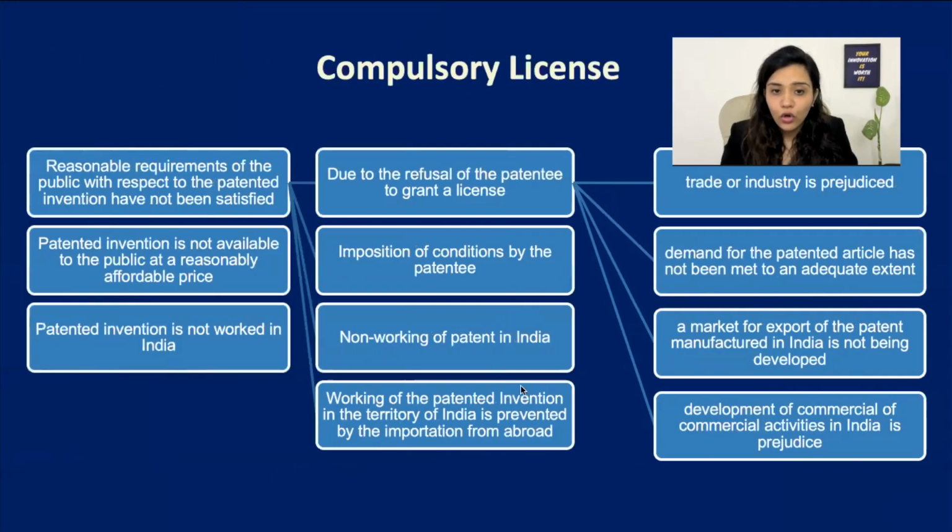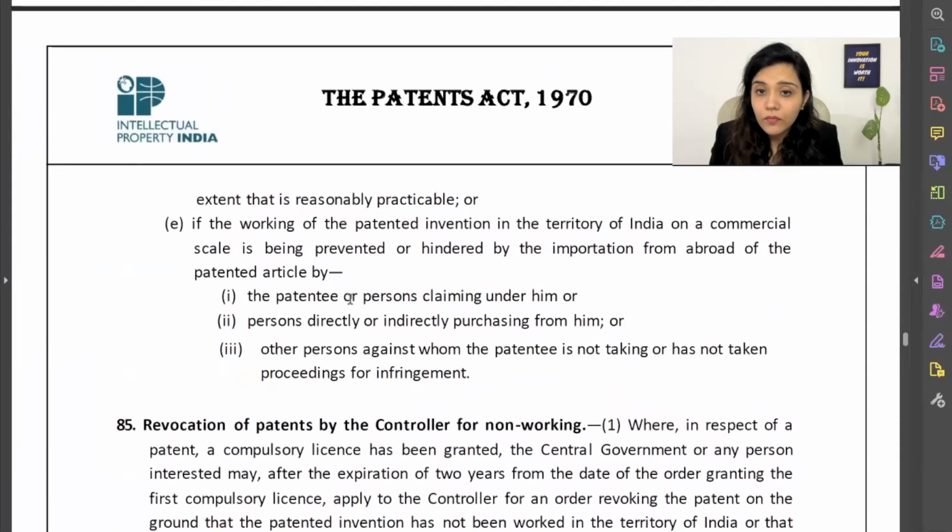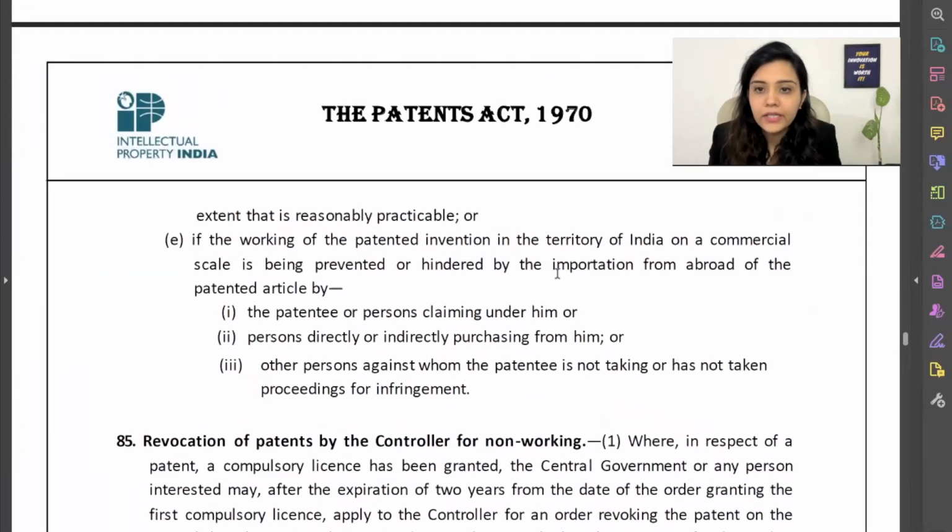And next we have clause E, which says working of the patented invention in the territory of India is prevented by importation from abroad. So this means you have a patent in India, but working of it on a commercial scale is being hindered or prevented by importation of the patented article from abroad.